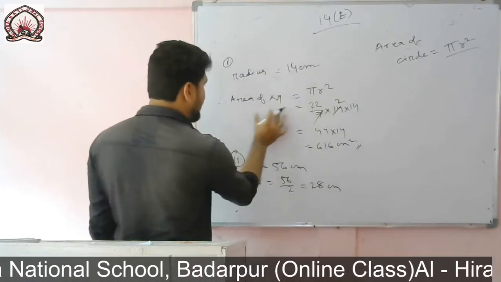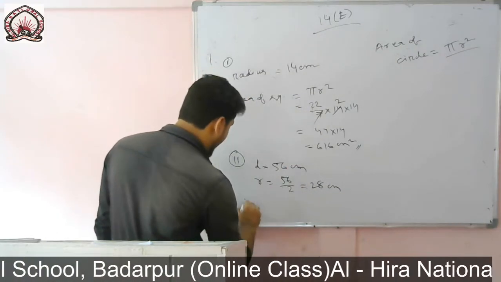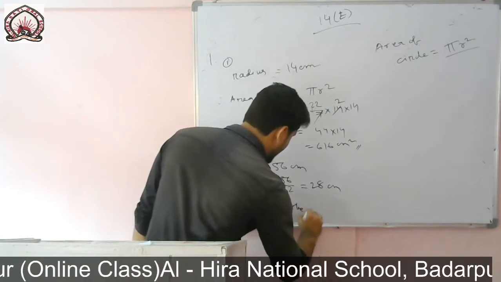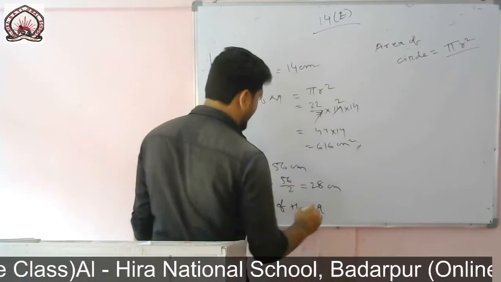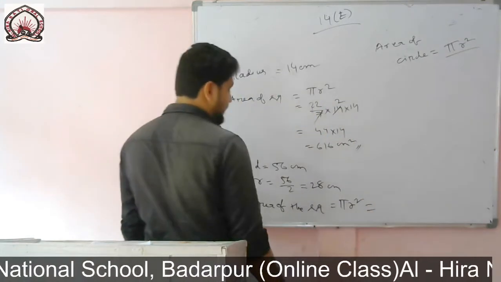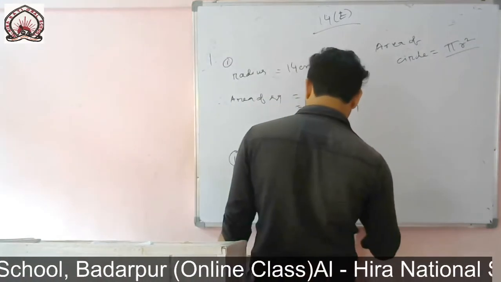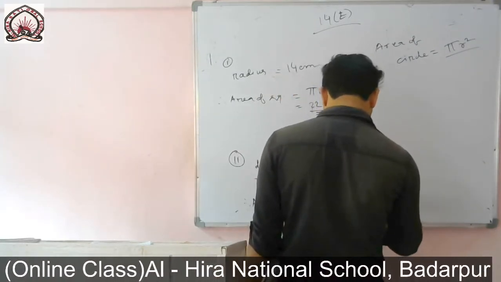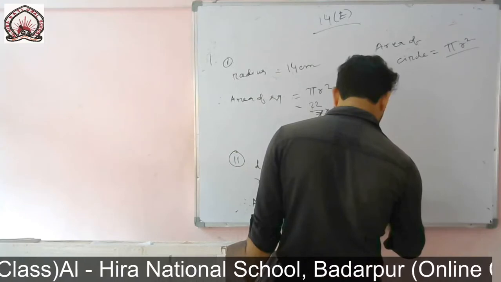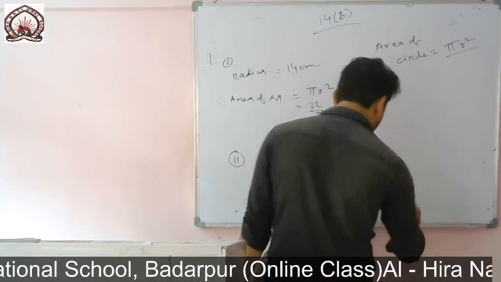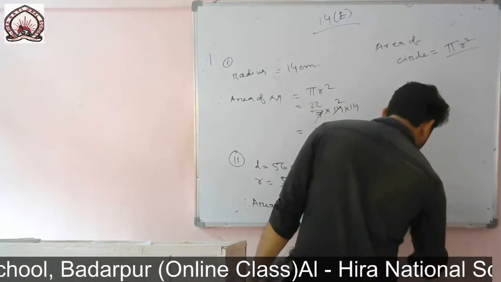Now we can use the area equals pi r square, which is 22/7 into 28 into 28.